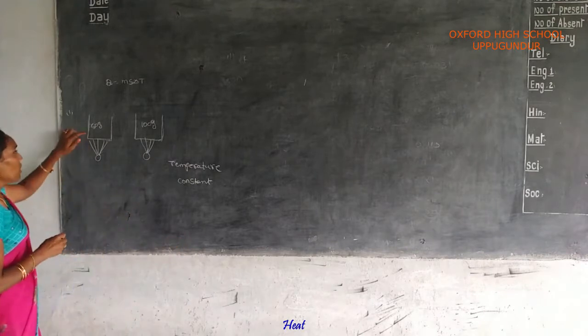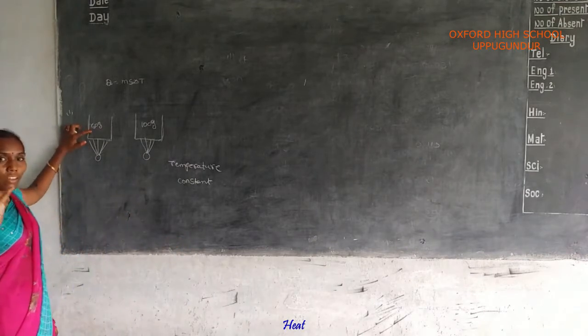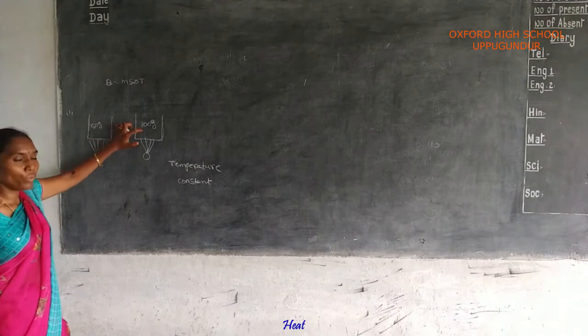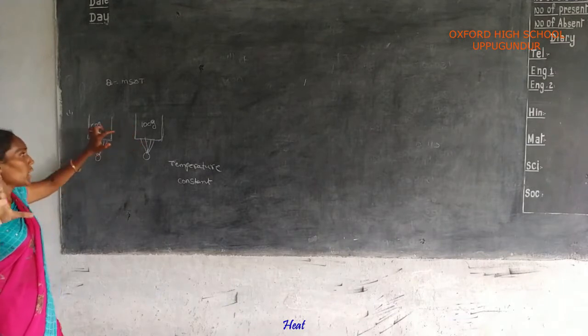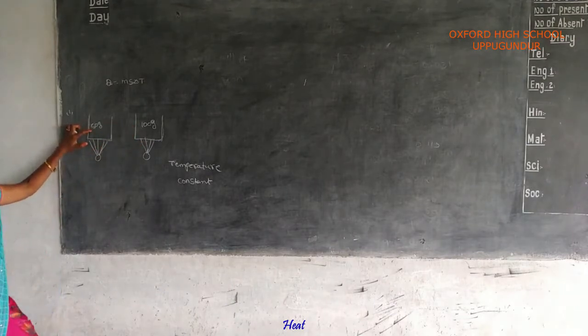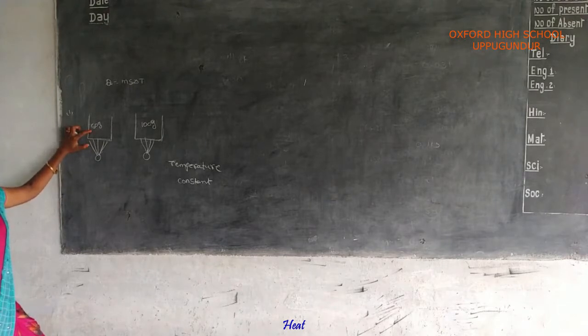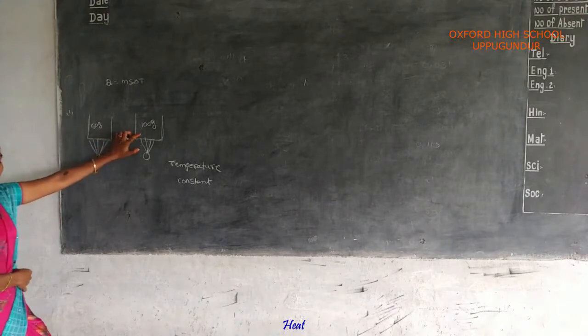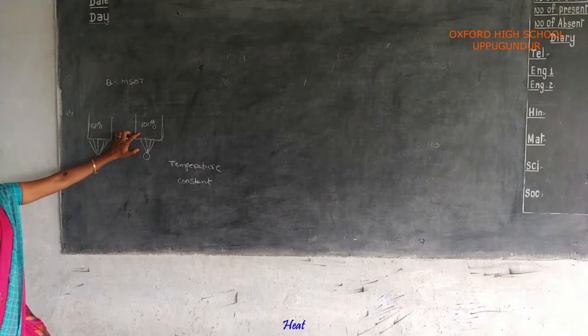Here, 50 grams of water means less mass. 100 grams of water means more mass. Okay? Less mass means less heat energy is enough. More mass means the highest amount of heat energy is supplied to prepare anything.